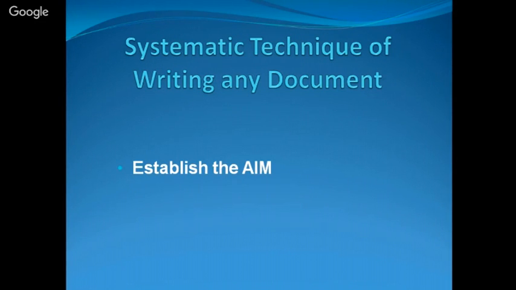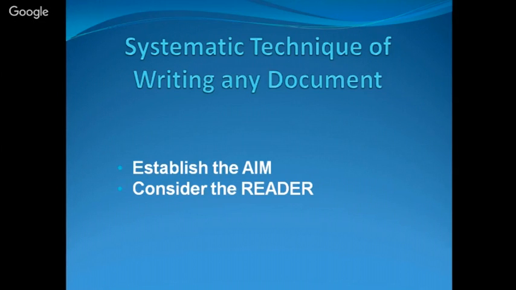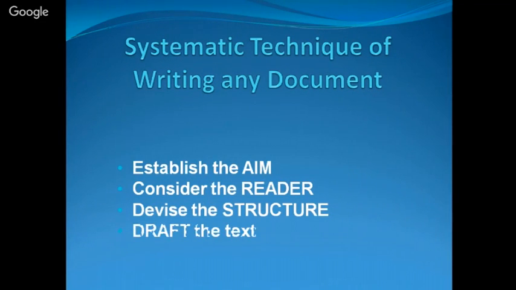That will help you to focus on those objectives. Second is, you need to consider the reader. Who is going to read your article or paper or report? Then devise the structure, prepare the first draft, and then edit and revise. So this is a systematic technique of writing any document.